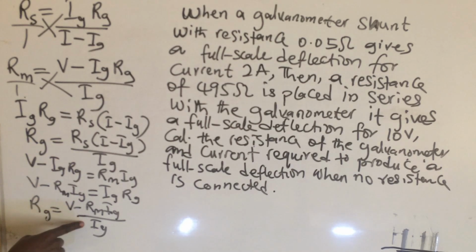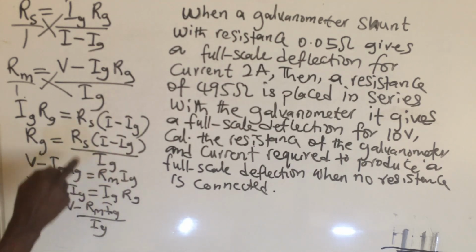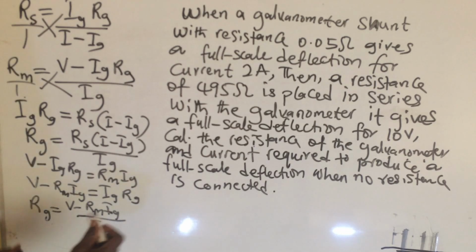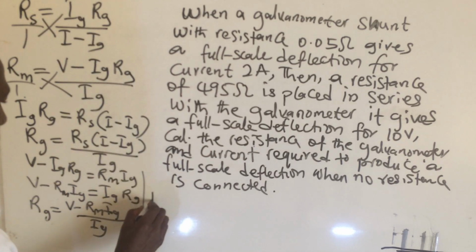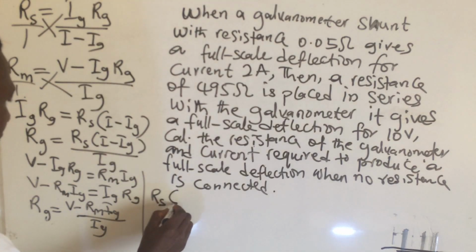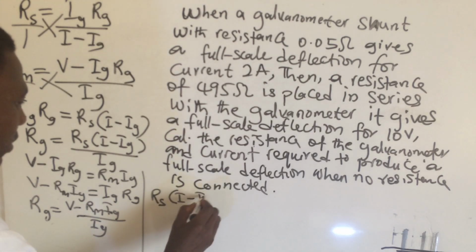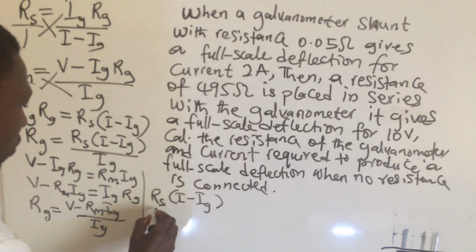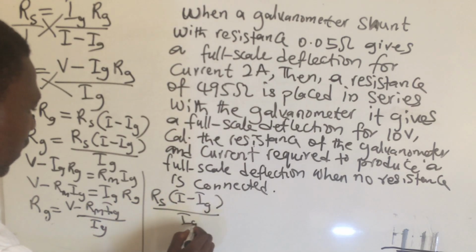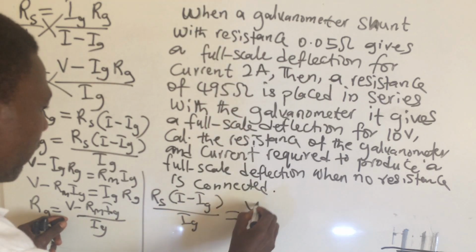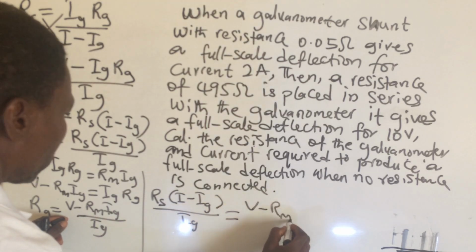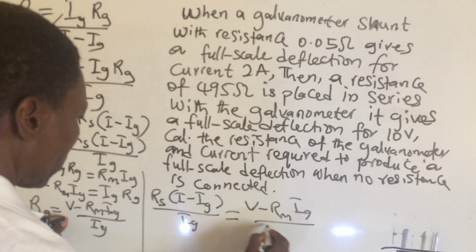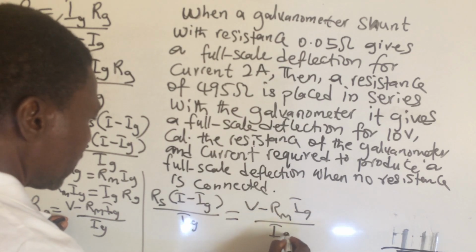Since this is equal to this, we now have the right to equate this and this. It will now be Rs in bracket I minus Ig all over Ig equals this one, V minus Rmig all over Ig.